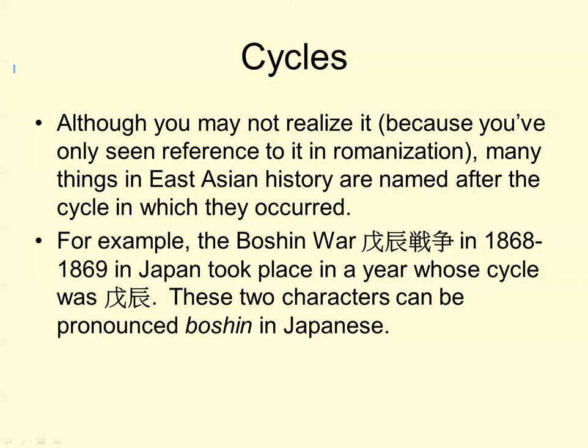And so we refer to it as the Boshin War. Now, if you just saw that in Romanization, it probably wouldn't mean much to you. You'd think, oh, maybe there was somebody named Boshin, or Boshin must be a place where a battle happened, or something like that. But actually, the Boshin War is a name that tells us quite specifically when that war happened, at least within a 60-year period.